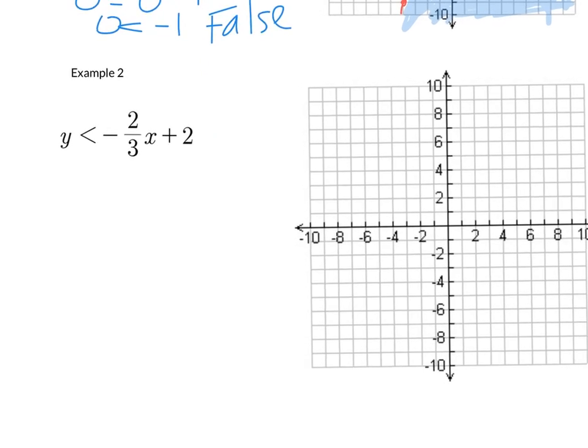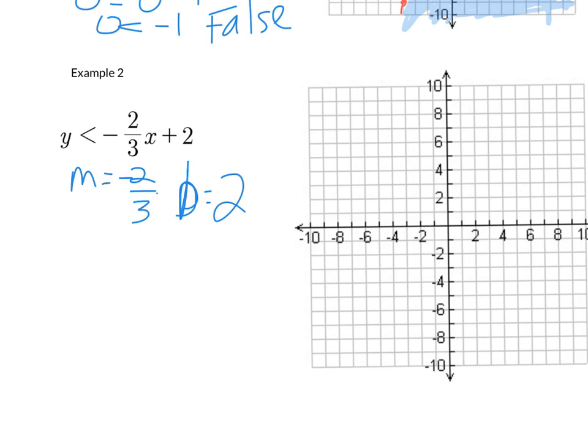Example 2. Same idea, different numbers. We're going to use m again, which is negative 2/3. Remember, when we do negative 2/3, we want to write the negative on the top. And my b is positive 2.